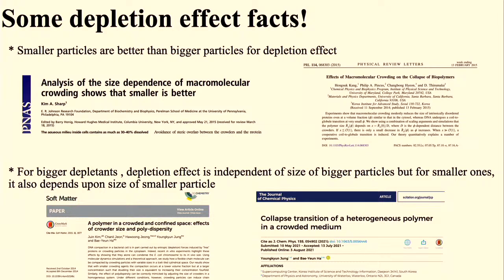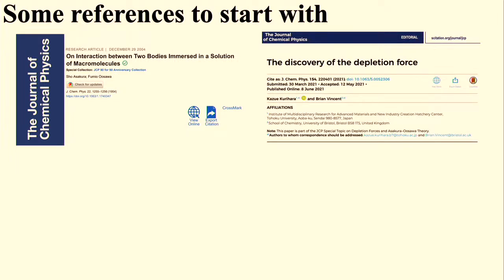These are the references again. If somebody wants to start studying this kind of thing, one can go to the very first paper, from 1954 by Osawa himself in JCP, and then some very recent papers on the discovery of the depletion force.